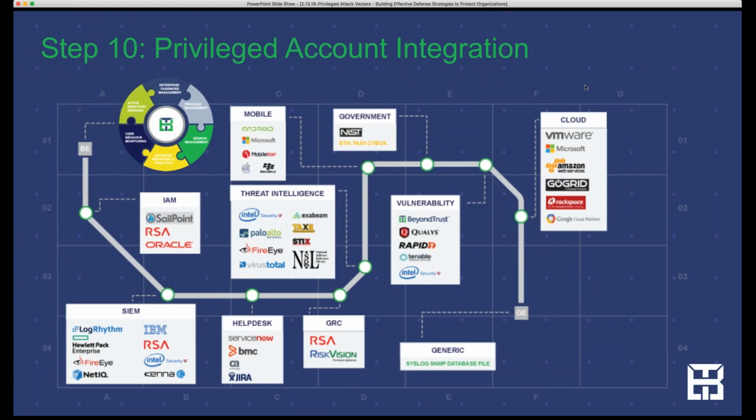What workflow do I need to approve access to administrator X before getting to the system? Whether that's help desks like ServiceNow or workflow like Jira or even CA. How do I make this system a part of my daily processes and procedures so that privileges can be understood, policies written, procedures implemented, and the end results managed? The only way to do that is to integrate it across the entire landscape.